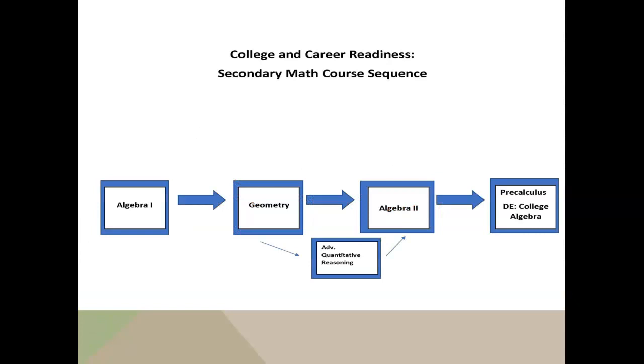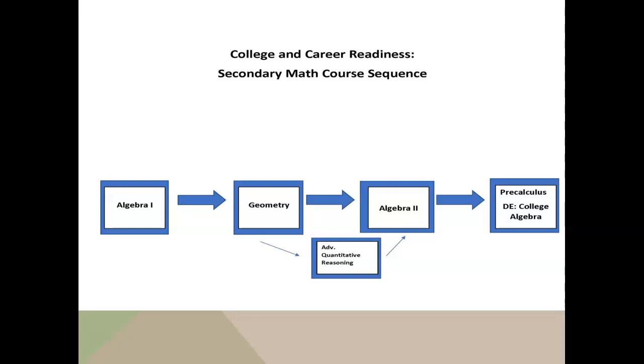This is our math course sequence. There are some students who opted to take geometry before Algebra 1, but typically Algebra 1, geometry, Algebra 2, and pre-calculus are the course sequence for DoDEA.